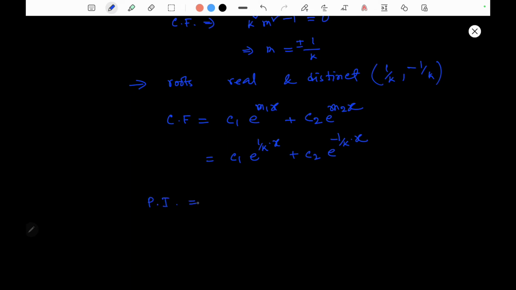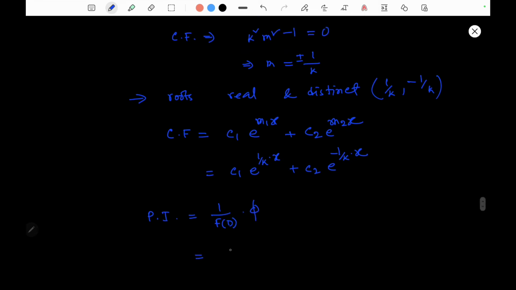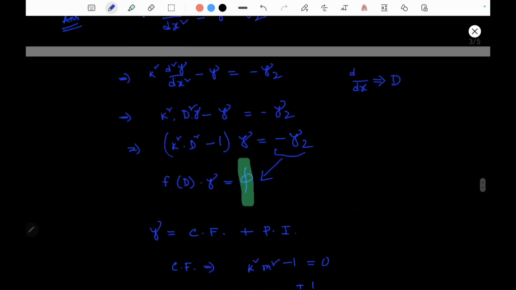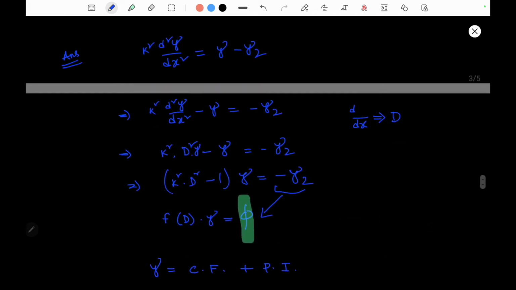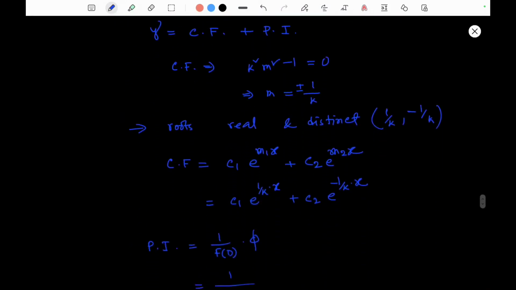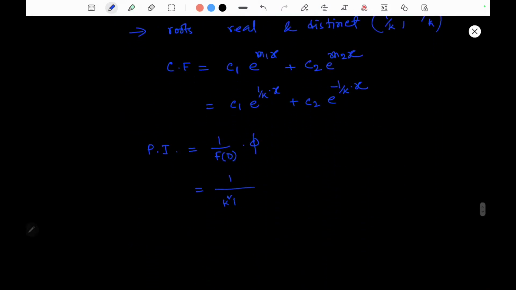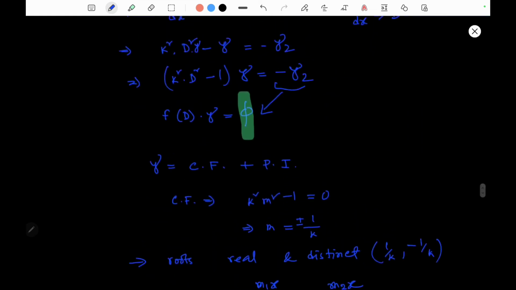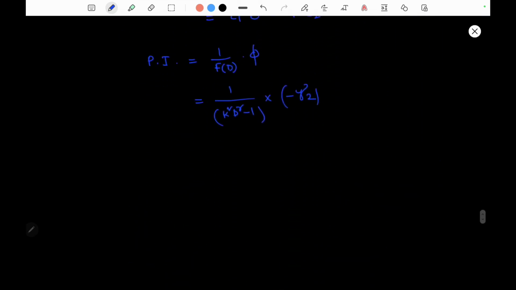For this type of equation, the particular solution will be 1 by f(D) into φ. So here 1 by f(D) we have considered as this term, that is k square D square minus 1, and here φ is minus y2, which is the right side of the equal sign.